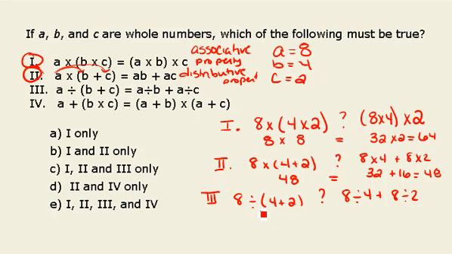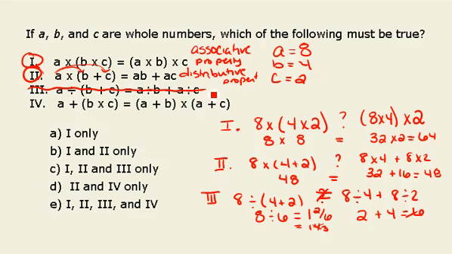On the left-hand side, we would get 8 divided by 6, and 8 divided by 6 is equivalent to 1 and 2/6, or 1 and 1/3. On the right-hand side, we have 8 divided by 4, which is 2, and 8 divided by 2, which is 4, giving the right-hand side 6. We can see that the left and right-hand side are not equivalent.